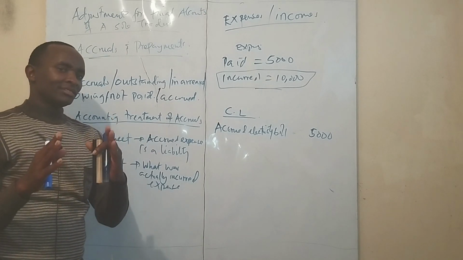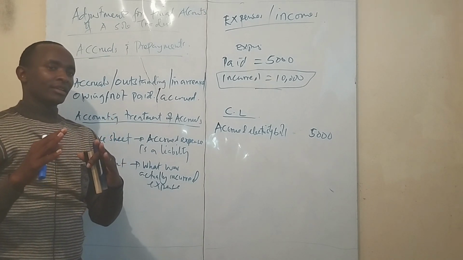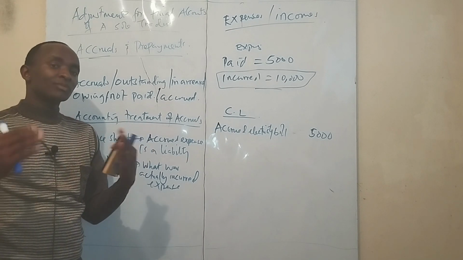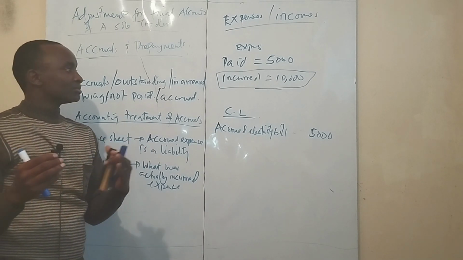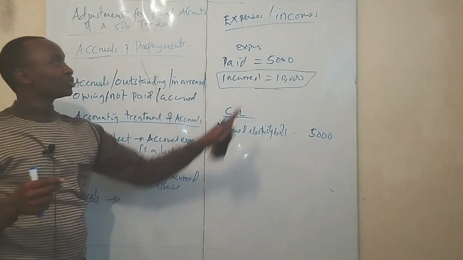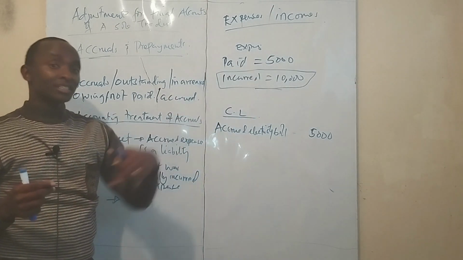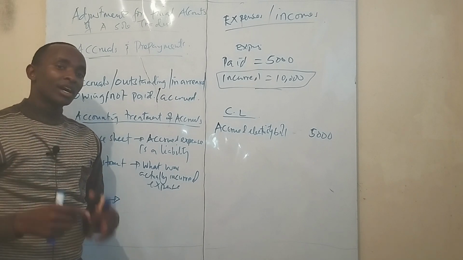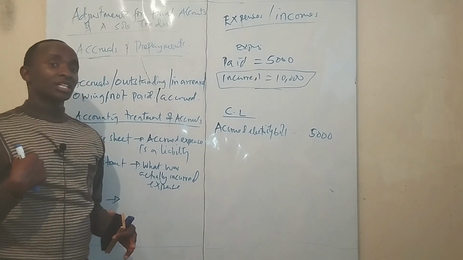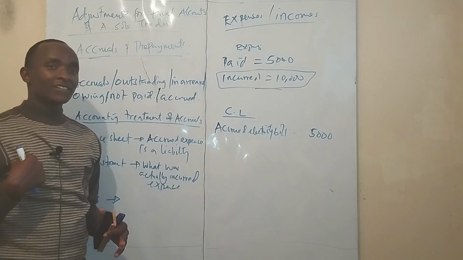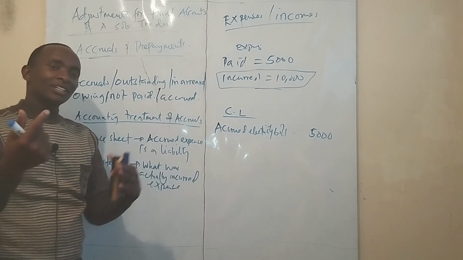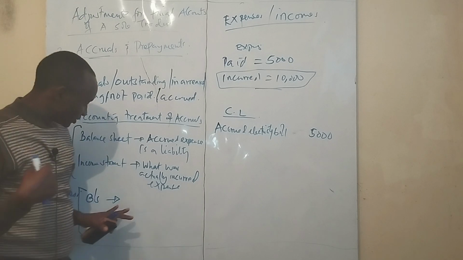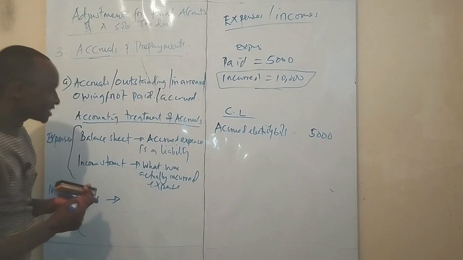And you imagine that the amount that you earned in terms of rental income was maybe 10,000 Kenya shillings, but what actually was paid by the tenant is 5,000, right? So you can go to the tenant and tell him or her, please give me my 5,000 that is remaining. So that 5,000 is your thing. It is your money. So that's why it will go to the balance sheet as an asset.